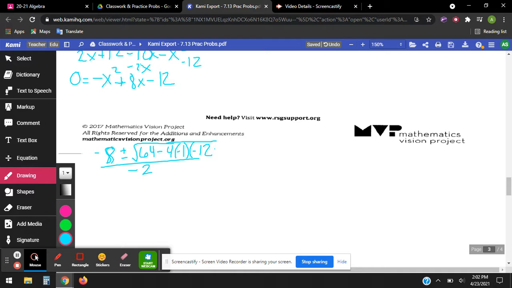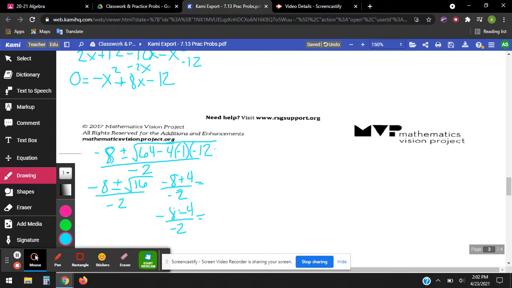All right, so 64 minus 48 is 16. So negative 8 plus or minus the square root of 16 divided by negative 2. The square root of 16 is 4. So negative 8 plus 4 divided by negative 2, and negative 8 minus 4 divided by negative 2. So I'm going to have a couple of answers on this one.